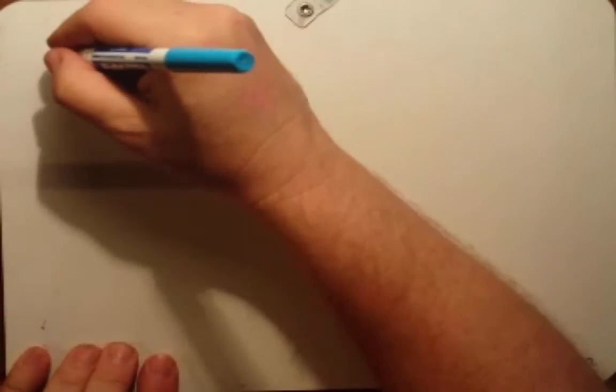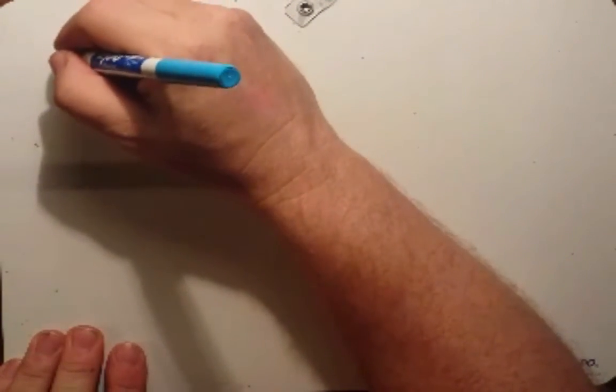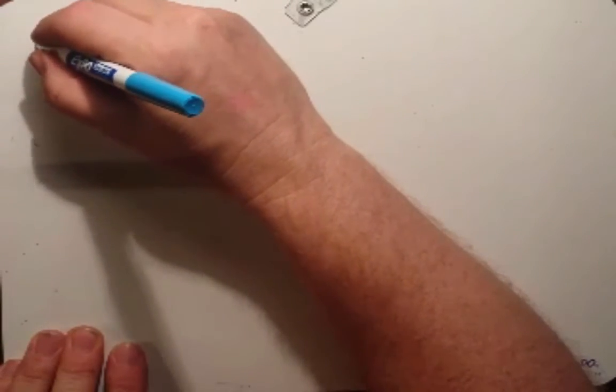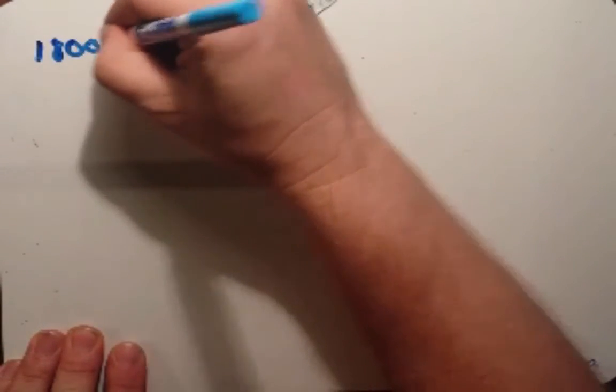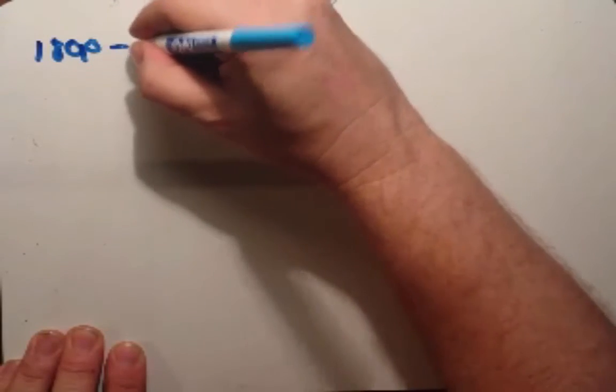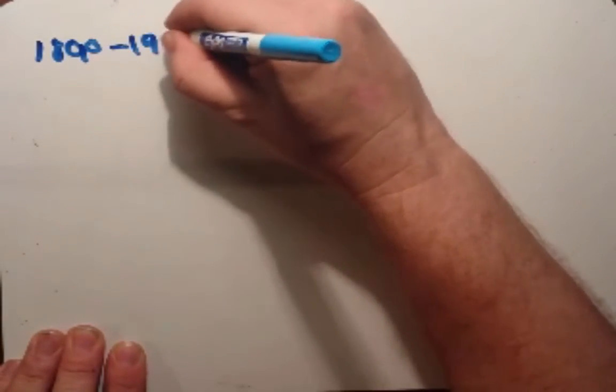Now I want to jump into the late 1800s to early 1900s, 1890s I should say, to 1910. This general time frame. This happens to be after Mendel did his work, but we'll talk in a moment how much of Mendel's work was left undiscovered until the early 1900s.